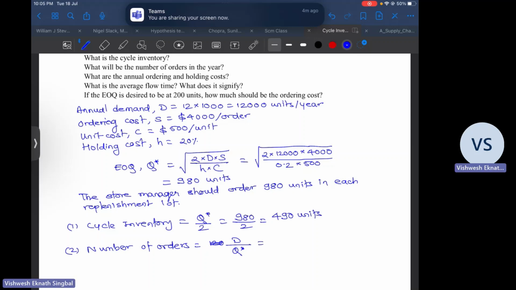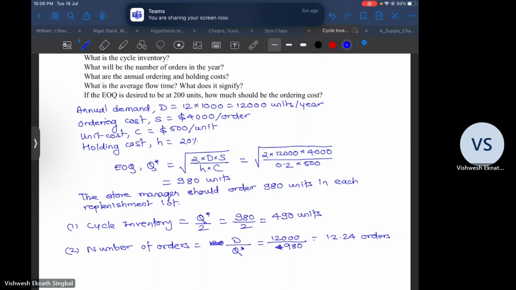So it will be 12,000 divided by 980, that is 12.24 orders. What does it mean? It means that 12 orders will be placed and this 0.24 may be added to the 12th order, or a slightly less inventory may be stored.